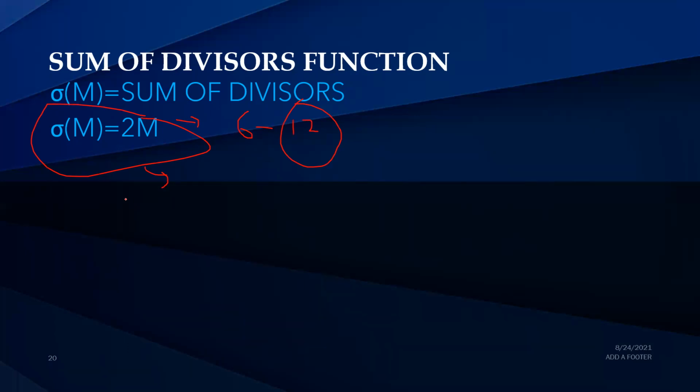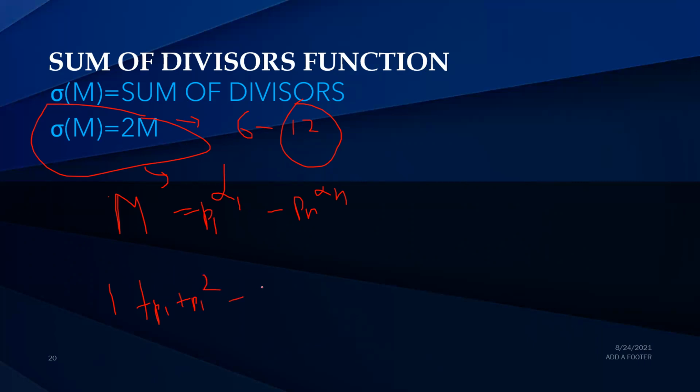So anyway, how to calculate the sum of divisors? You have a number m equal to p1 raised to alpha 1 dot dot dot pn raised to alpha n. You need to calculate the sum of divisors. What you will do is 1 plus p1 plus p1 square.